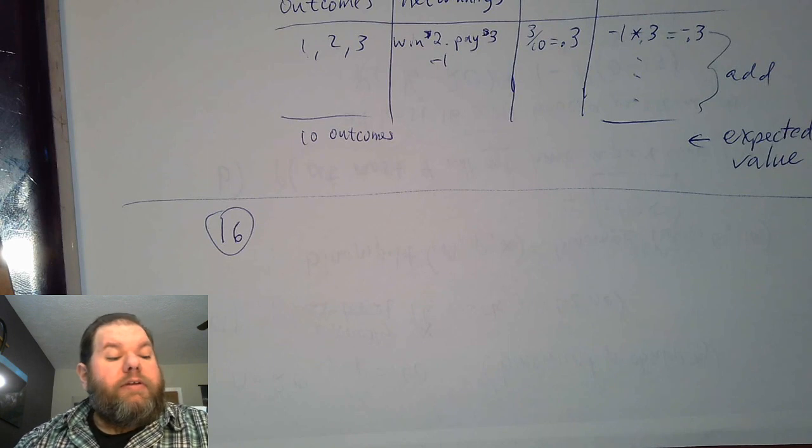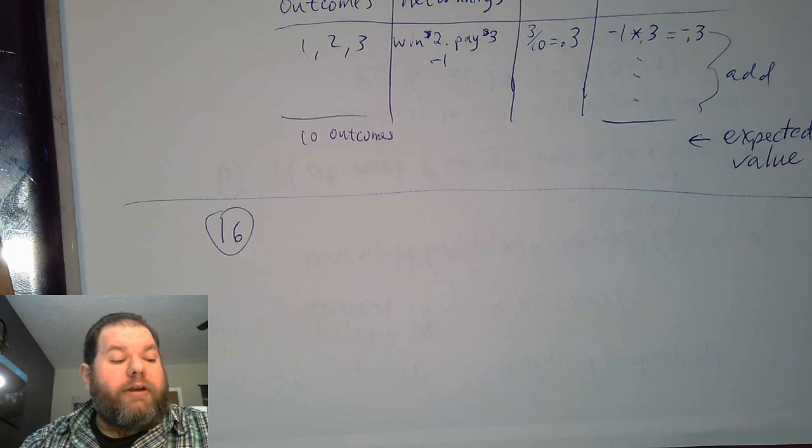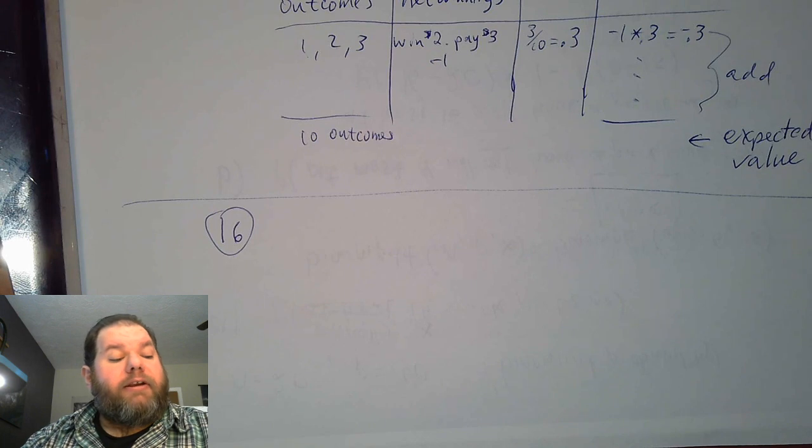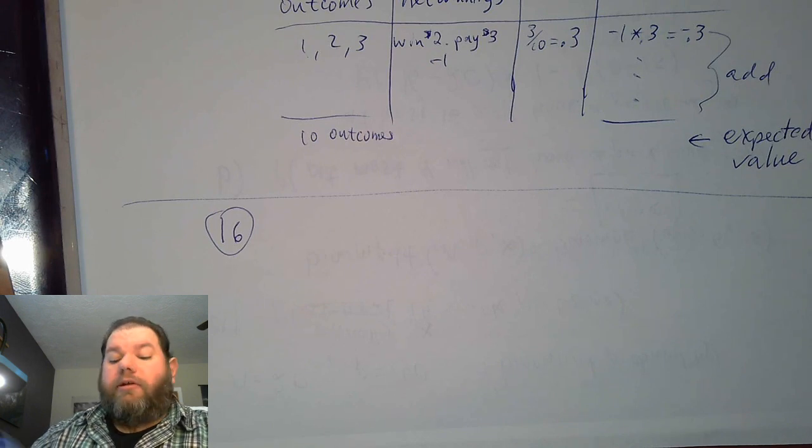So 16: the average commute to work one way is 25 minutes, according to an American Community Survey. If we assume that commuting times are normally distributed and the standard deviation is 6.1 minutes, what is the probability that a randomly selected commuter spends at least 30 minutes commuting one way?